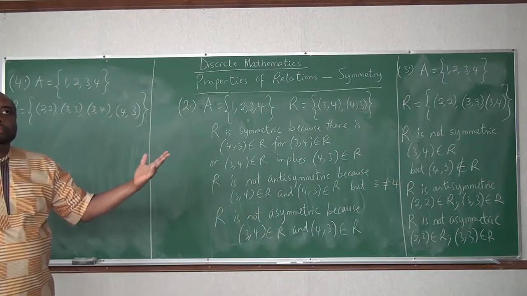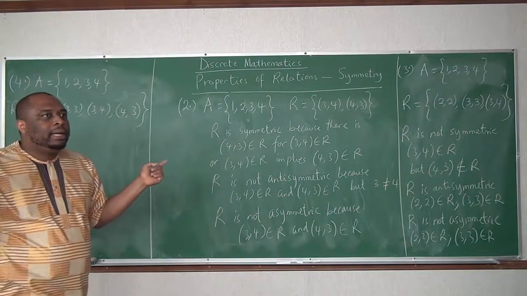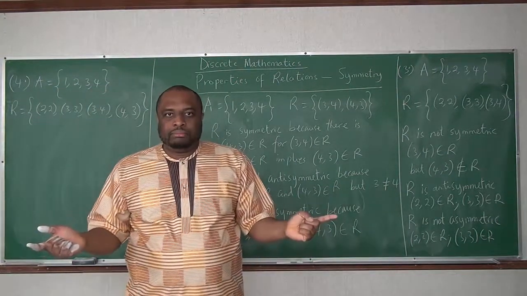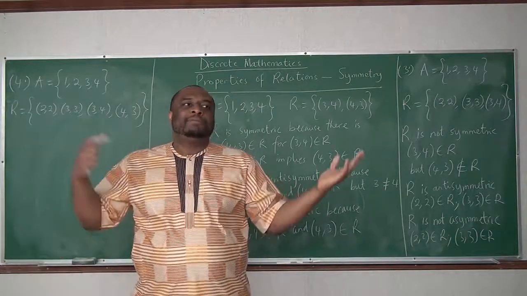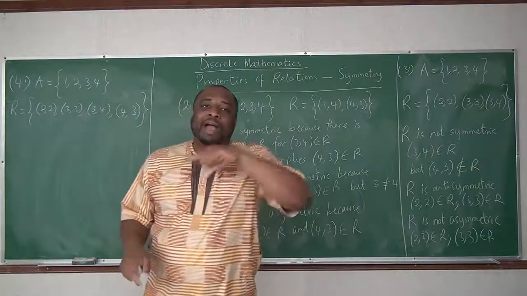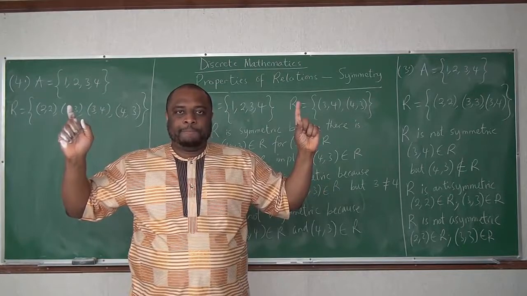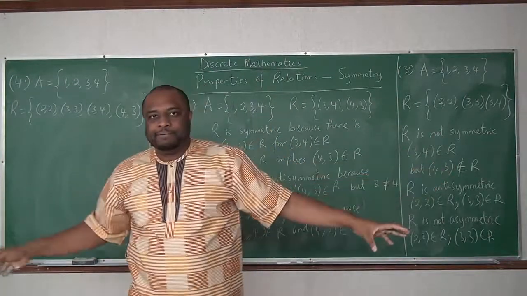When you have 2, 2, you have 3, 3, great. With symmetric, A relation B is the same as B relation A. You have 2, 2, no problem. You have 3, 3, no problem at all. You have 3, 4, and you have 4, 3. Great.